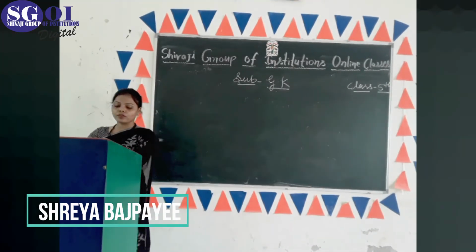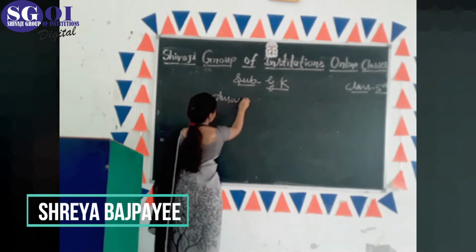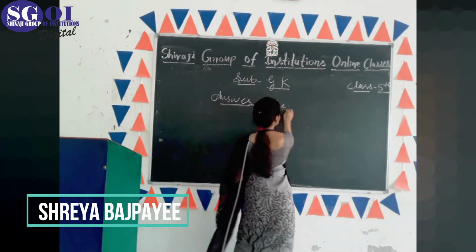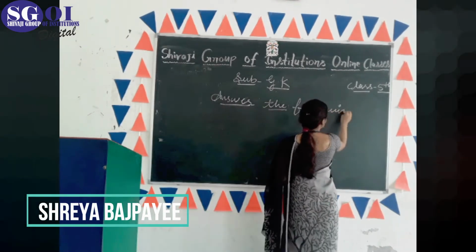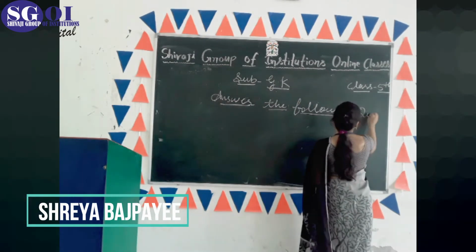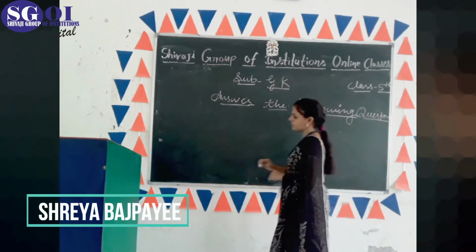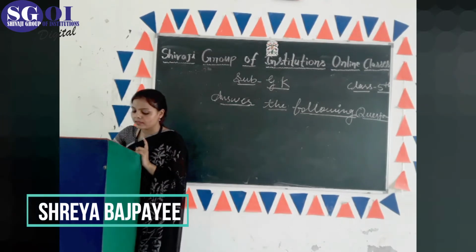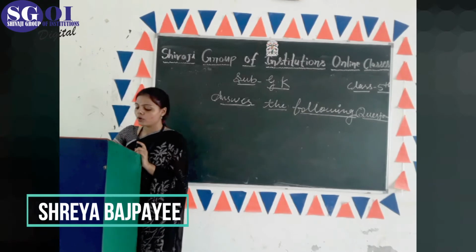Answer the following questions. First number: this bird could not fly and was a native of Mauritius.